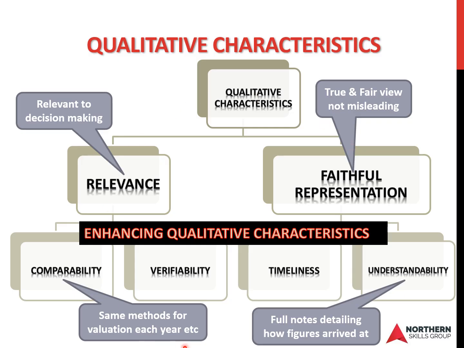So those are the qualitative characteristics, often appear in question 3 as a tick box question. So you've got to remember those 6: relevance, faithful representation, comparability, verifiability, timeliness, and understandability.